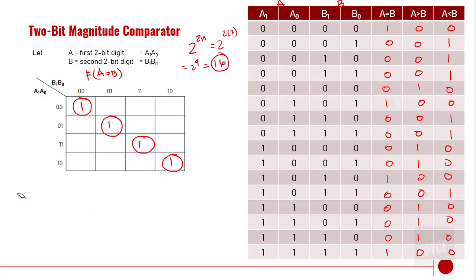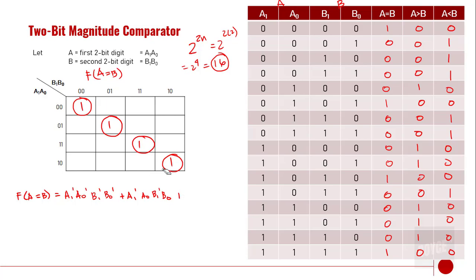Ayan. So if we're gonna write the expression for this, function of A is equal to B, this will be A1 prime, A0 prime, B1 prime, B0 prime. So this is the first one, and then the next would be A1 prime, A0, B1 prime, B0.